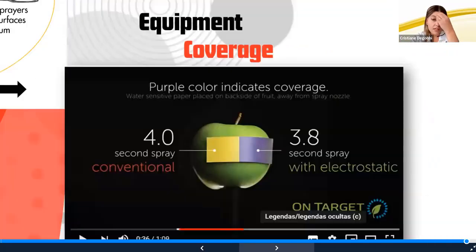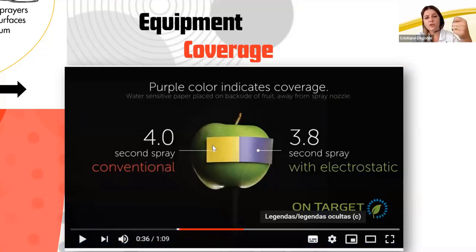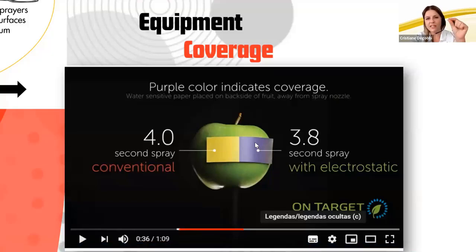You can also measure the coverage of your equipment. It's not a very detailed method or anything like this, but you can use those water sensitive papers. They are yellow. And once you apply water or water-based disinfectants onto them, you can see how the disinfectant droplets are going to behave on that paper.